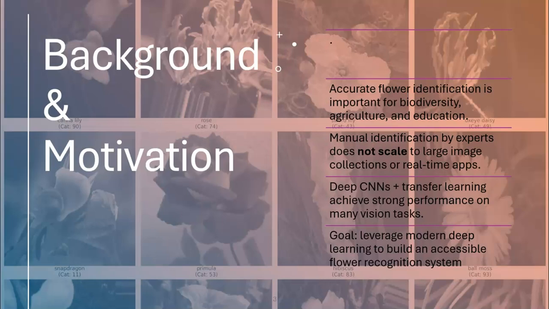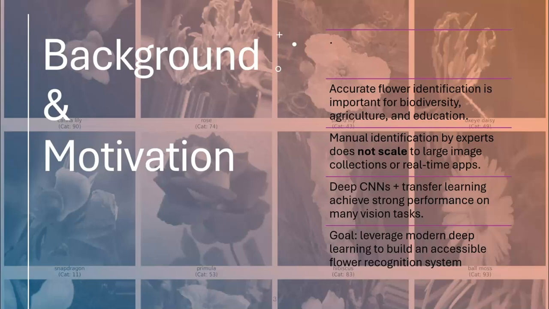For the background and motivation of the project: accurate flower identification is important in areas like biodiversity monitoring, agriculture and education. Traditionally we need a human expert to look over the plants, which doesn't scale well when you have thousands of photos and want a phone app that works in real time.